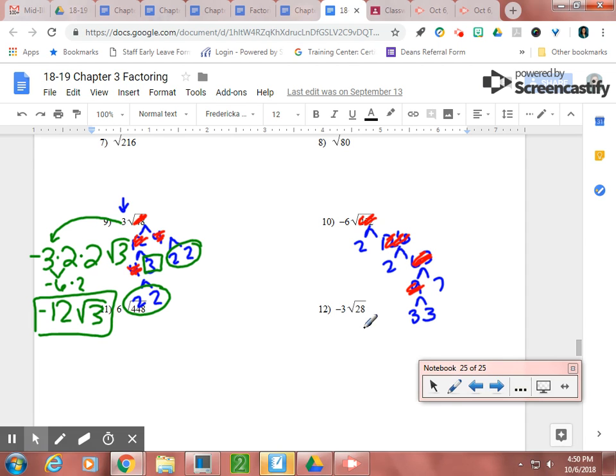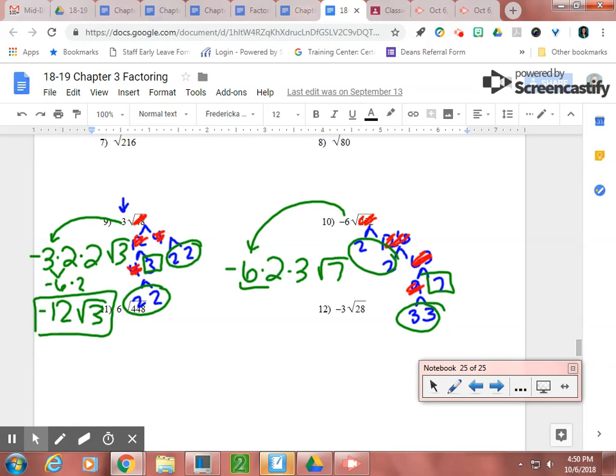So my negative 6 is already starting out there. It's waiting for another pair. So I have this pair of 2s, this pair of 3s, and a single 7. So multiplying these together, this is going to give me negative 12 times 3, so negative 36 square root 7. And that's the exact same with the next two also. So that's pretty simple.